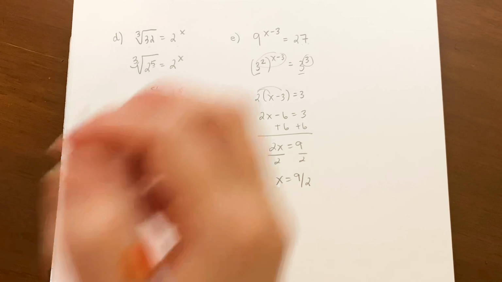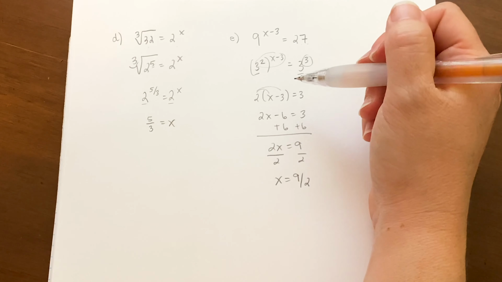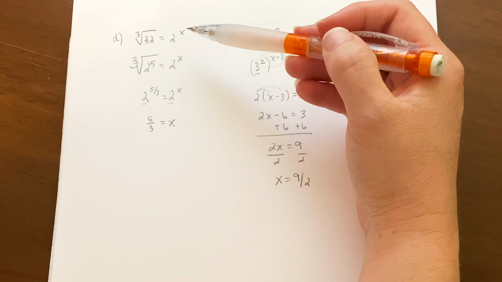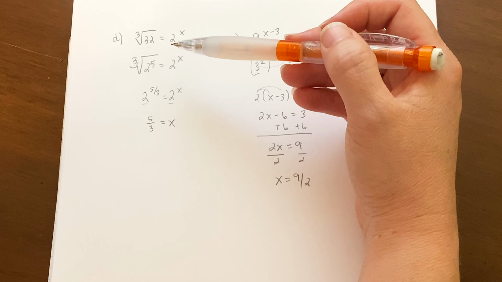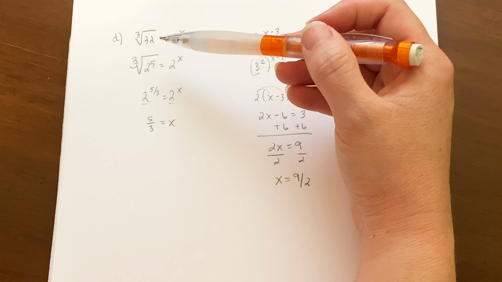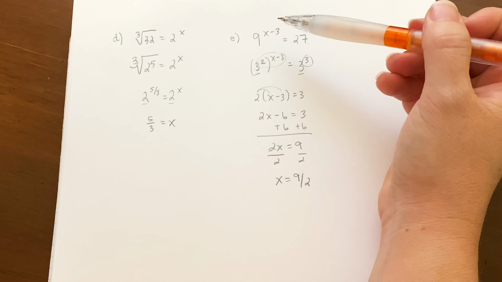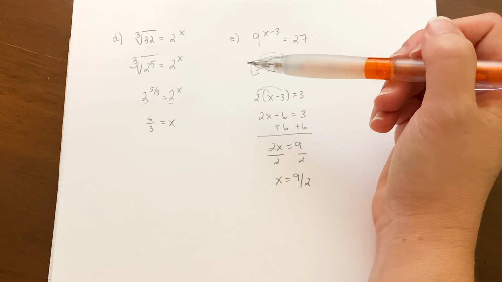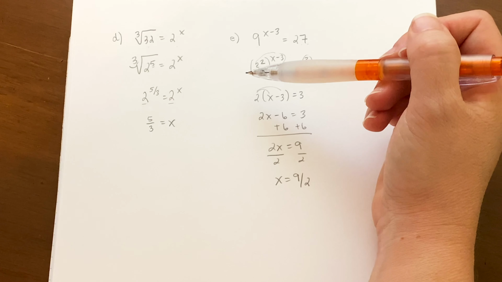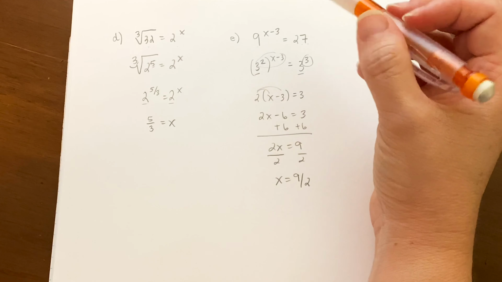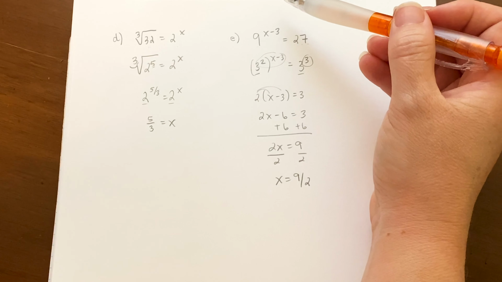There are lots of tricks with these. So for each question, take a minute and look at what you have to work with. What power is standing out to you? Are you looking at numbers that are powers of 2? Are you looking at numbers that are powers of 3? Maybe powers of 5? Look for where you think that common base is going to be, and then rewrite your bases so that they're the same base raised to a power.